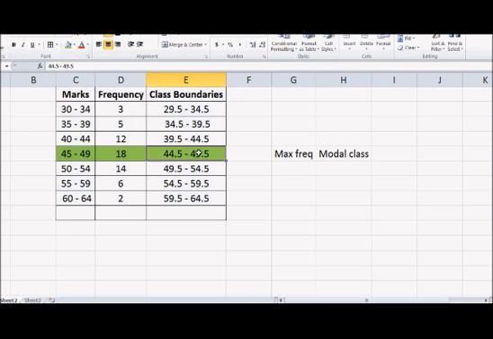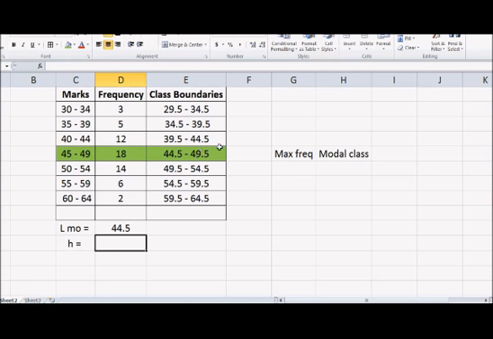And now our lower value of the model class is 44.5 and not 45. Okay, so let me write that here. Lower value of the model class is 44.5. Height or width of the model class: again we will have to see the difference between the boundaries, not the original limits.